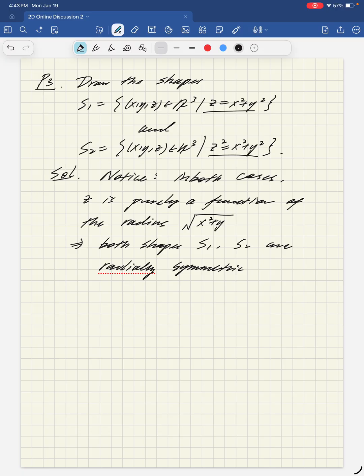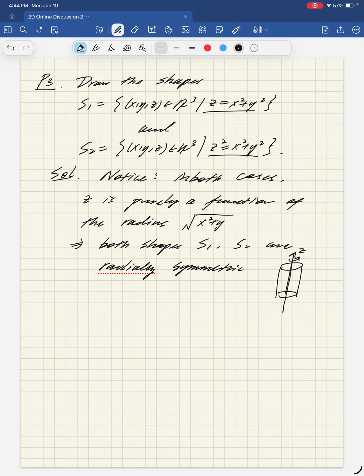For example, a cylinder is radially symmetric because if you turn it around the z-axis, it looks the same, right? It doesn't change at all. So it suffices to just know one piece of both graphs. Then we can use the property that they're radially symmetric to figure out what they look like.